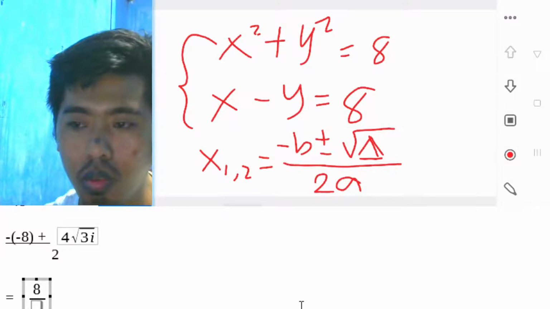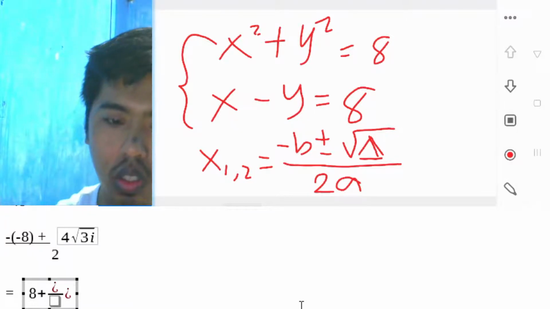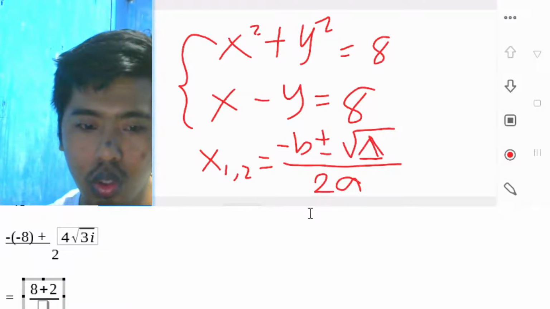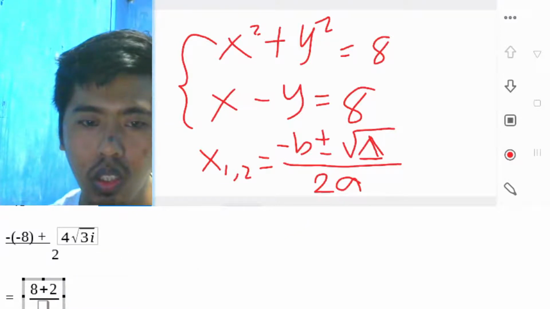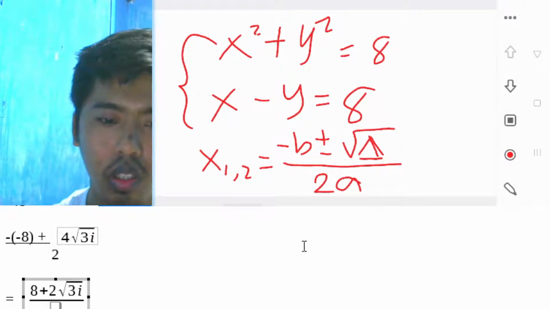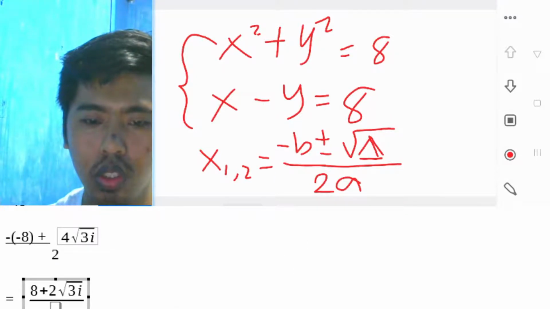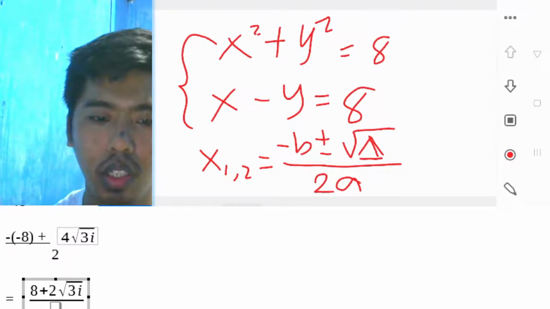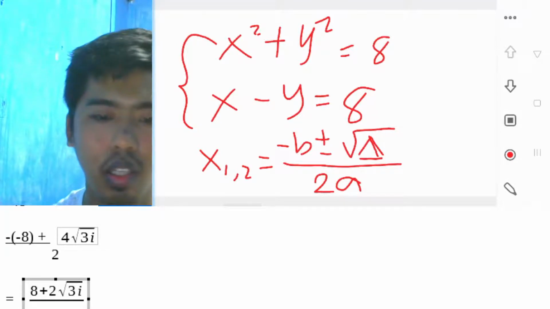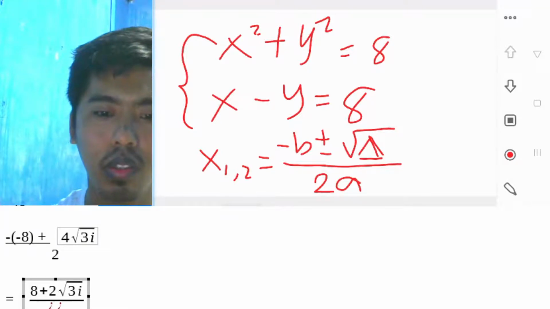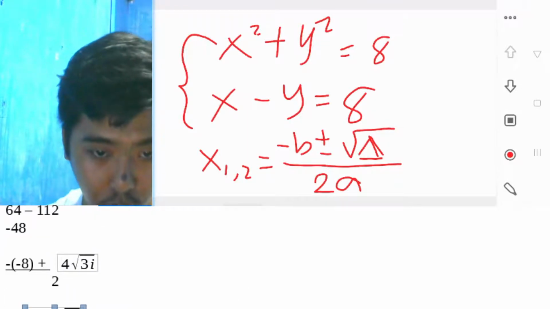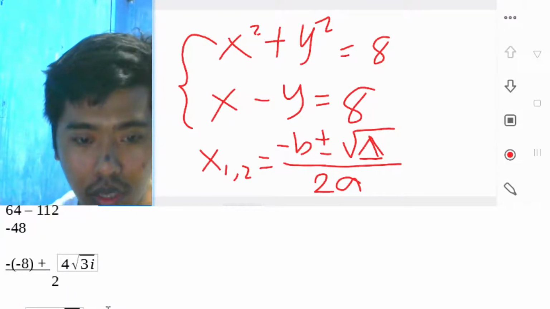And plus minus 4 divide 2, that's 2 na lang. Then square root 3i. Okay. Over 2, wala na ni. Nag-cancel out na. Okay.